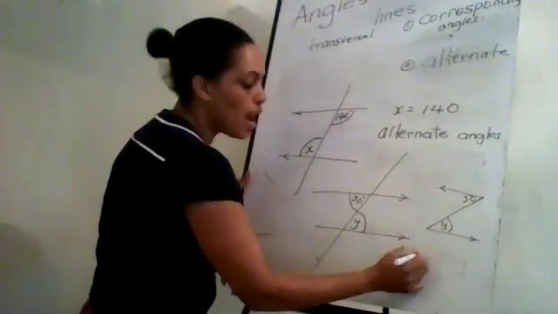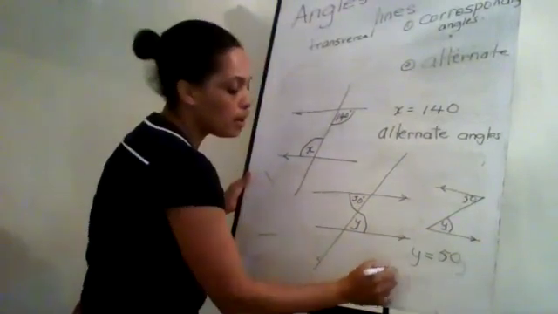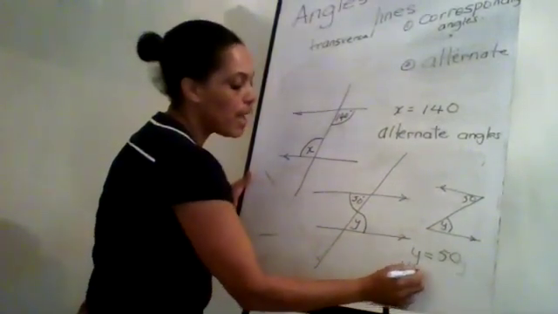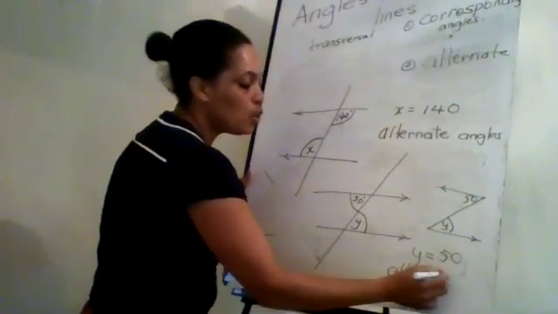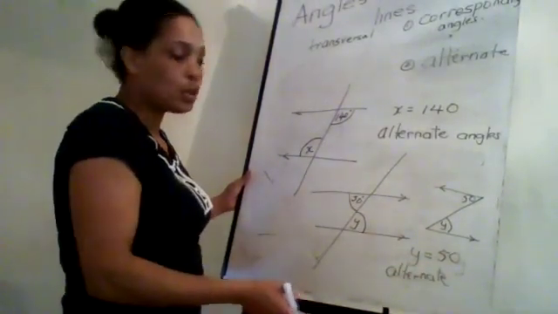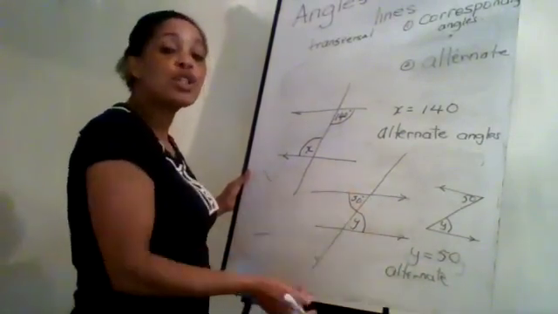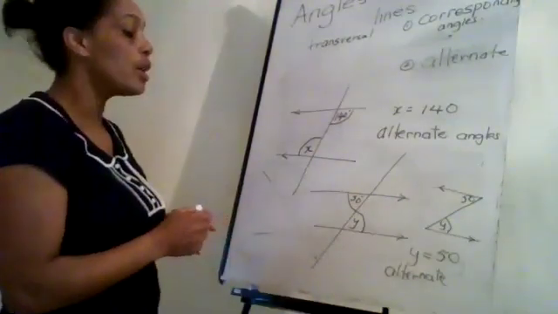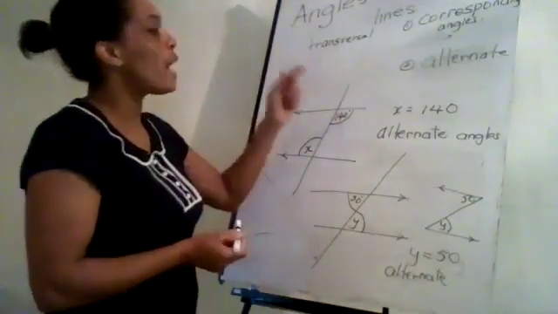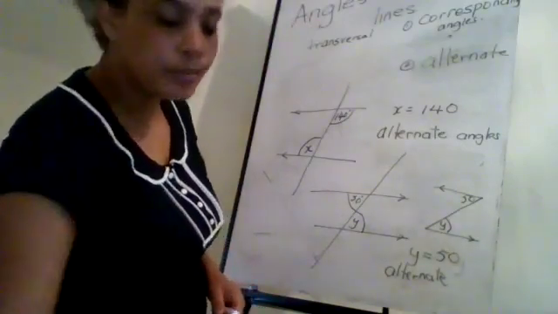So I know that Y is equal to 50, and the reason for that is because they are alternate angles. And you could write because alternate angles are equal. You could leave it as that, or you could write alternate angles are equal. So that's just a recap of corresponding angles and alternate angles.